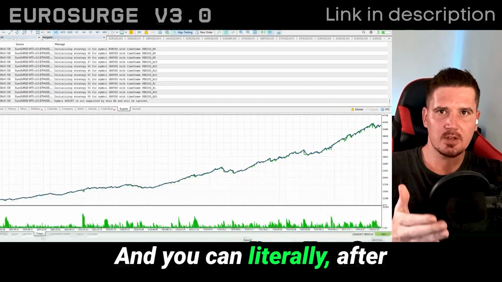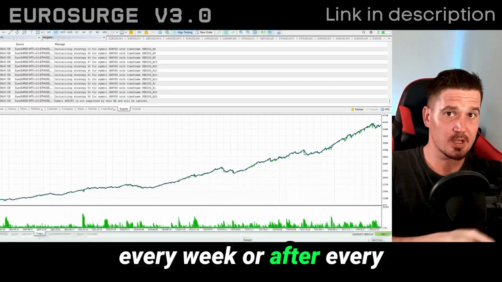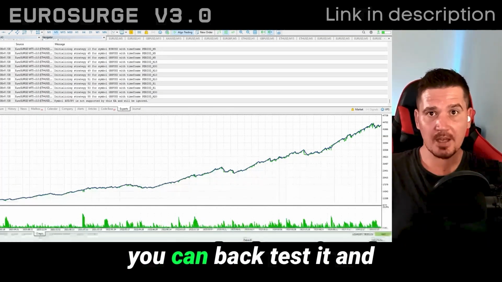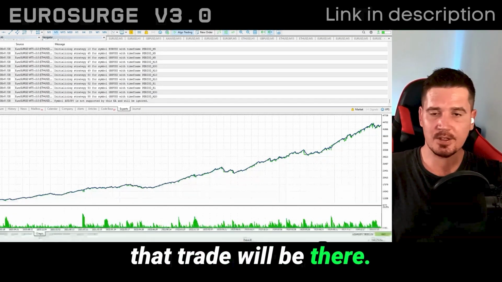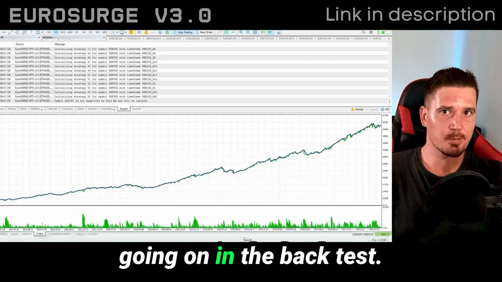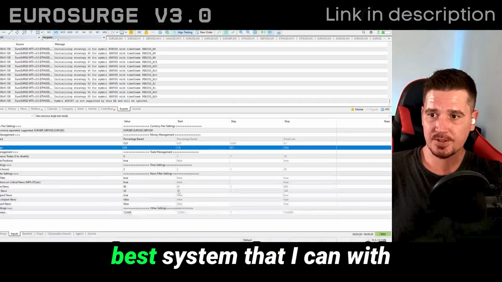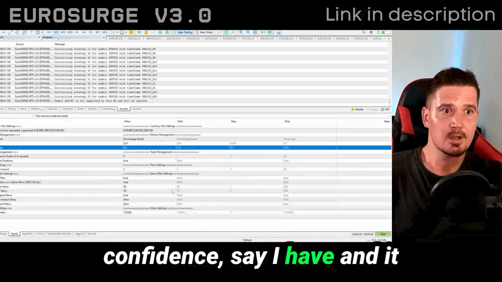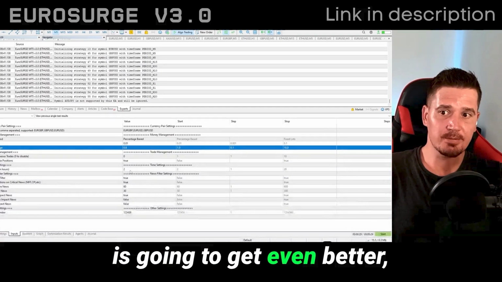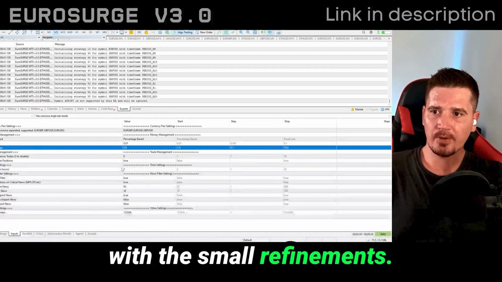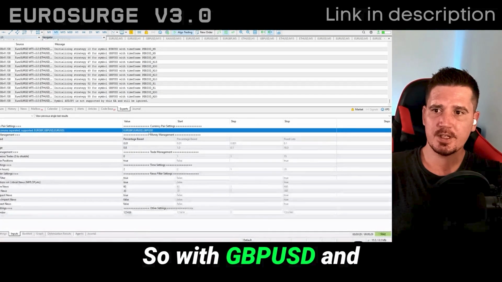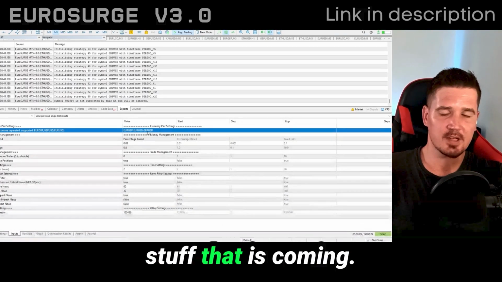And after every week or after every trade has concluded, you can backtest it and that trade will be there. There's no funny business going on in the backtest. I'm very pleased with this right now. It is probably the best system that I can say with confidence I have, and it is going to get even better with the small refinements, so with GBPUSD and then the additional stuff that is coming.